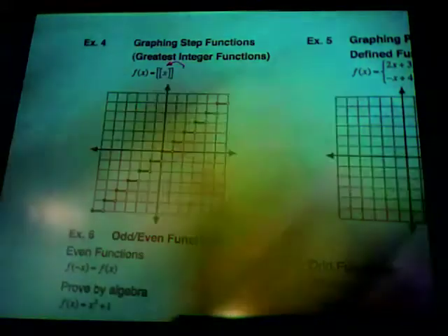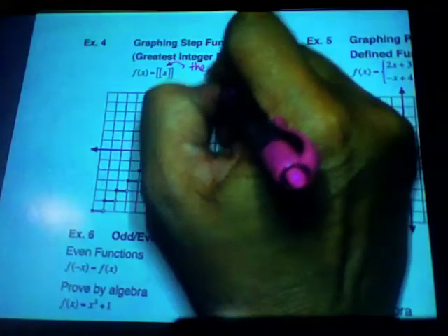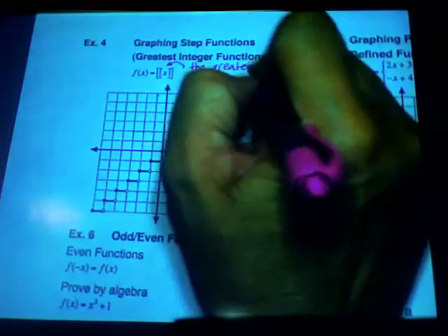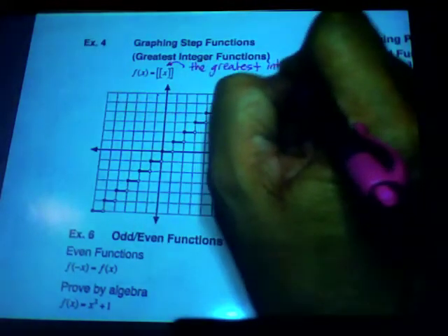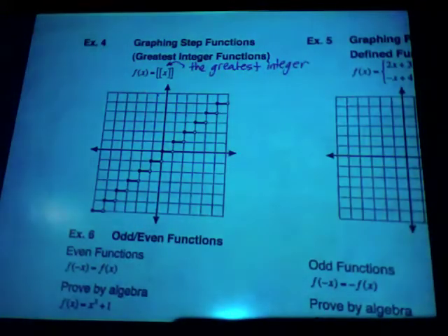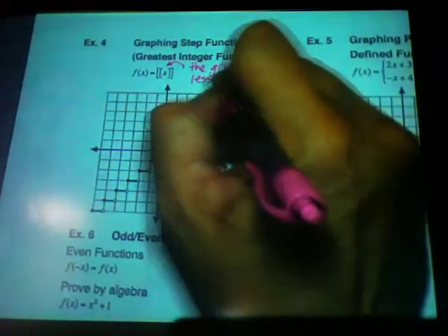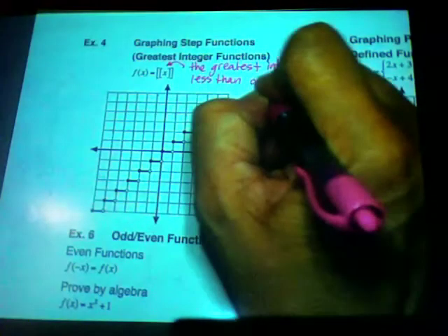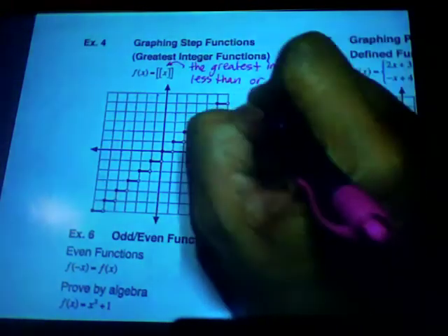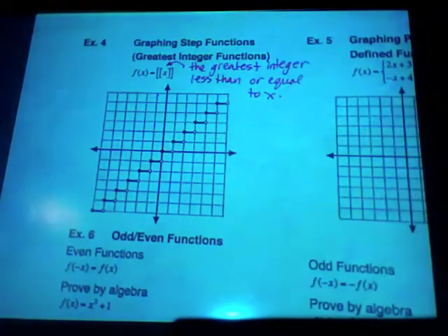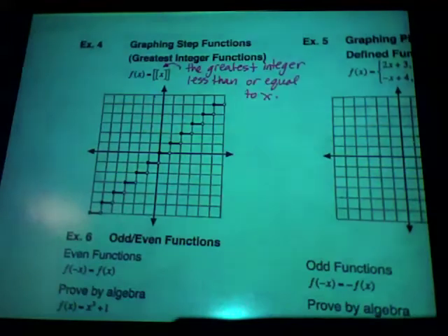The minute you see these double brackets right here, it's saying the greatest integer less than or equal to x. Just depends on what x is.